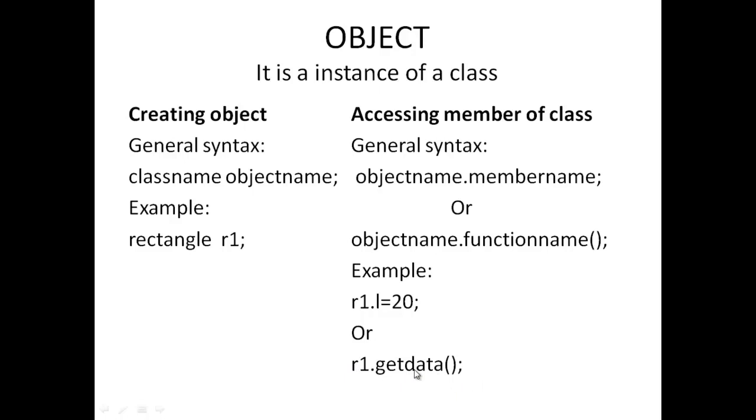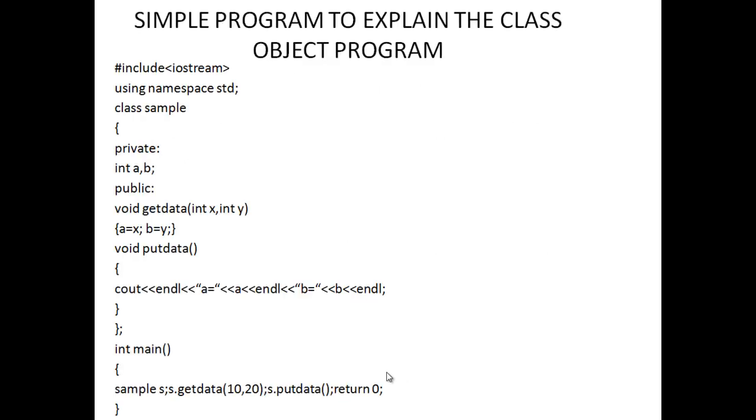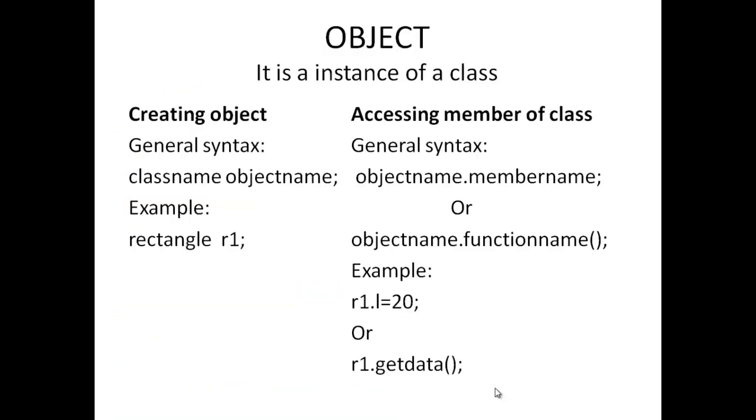So what procedure is done in this line? We use one of the most important features of object oriented programming, which is message passing. How is message passing done? You see here, first we create a class Rectangle, and after that we create an object.